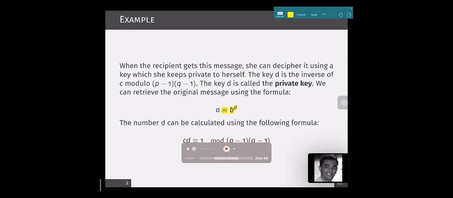Sorry about that. Modulo P times Q, or modulo n, and you'll get A.